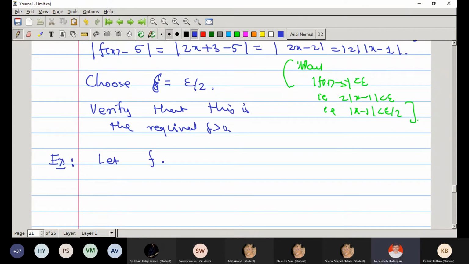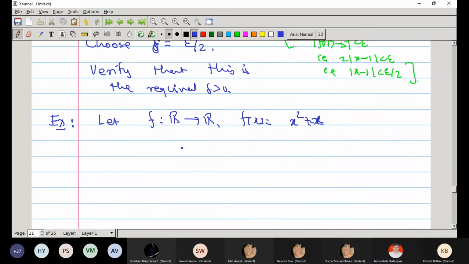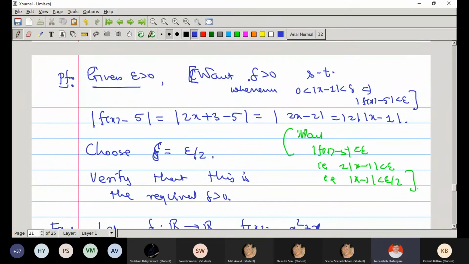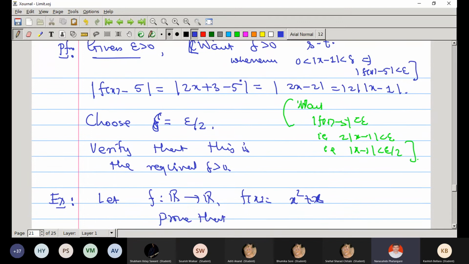So let f from R to R, f of x is equal to x square plus x. Prove that, see, here I was looking at the limit at 1, but you can similarly treat any number, limit at 2 or limit at any number.